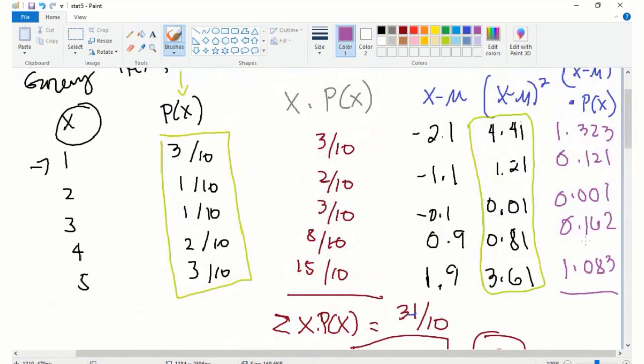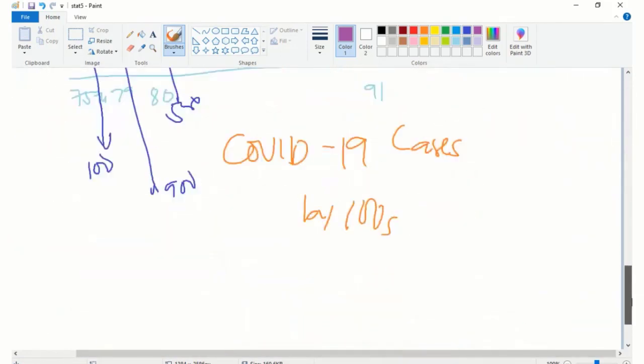Now, paano natin makukuha ang variance? I-add lang natin lahat. So, 1.083 plus 0.162 plus 0.001 plus 0.121 plus 1.323 is equals to 2.69. Now, ayan guys.